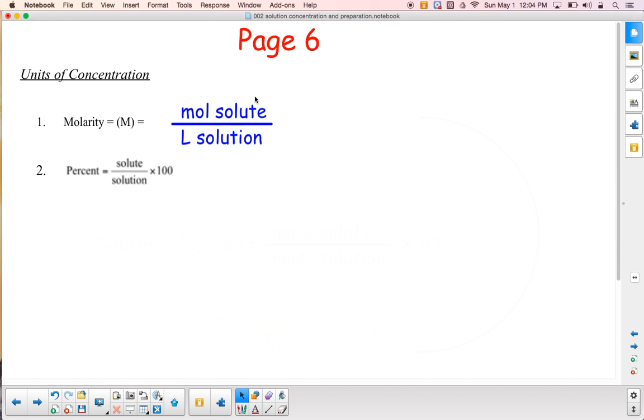Concentration of solution can also be calculated as a percent concentration using the idea of part over whole. In the case of a solution, the part is the solute, the whole is the entire solution. So a percent solution is calculated by doing the amount of solute divided by the amount of solution multiplied by 100. There are really three different ways to do this.